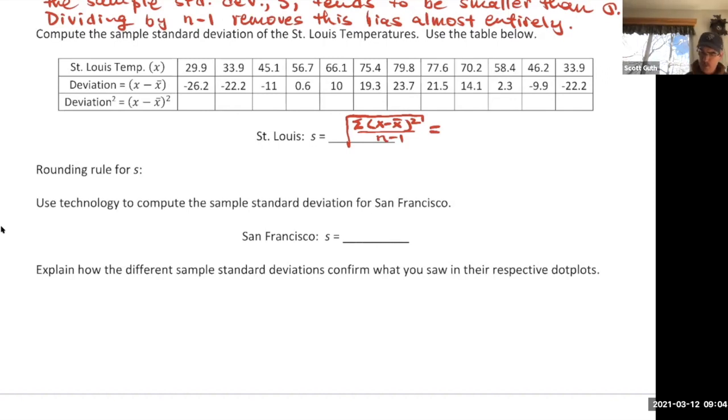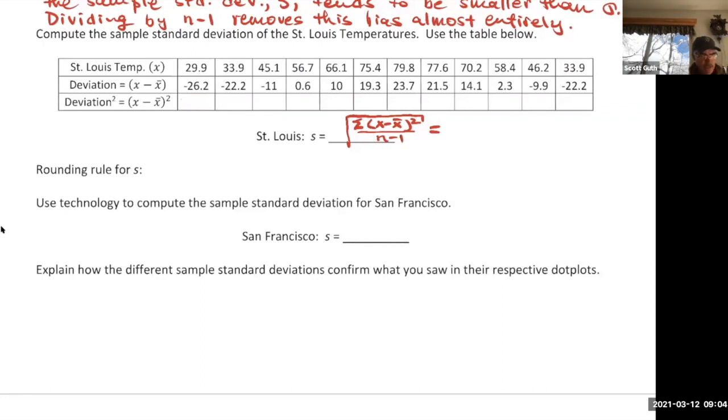Okay, so let's go ahead and start squaring these. I wouldn't put the minus signs in when you square the numbers, because if you square a negative 26.2, you technically need to put it in parentheses, like negative 26.2 squared. And you're going to get the same thing as if you square positive 26.2.